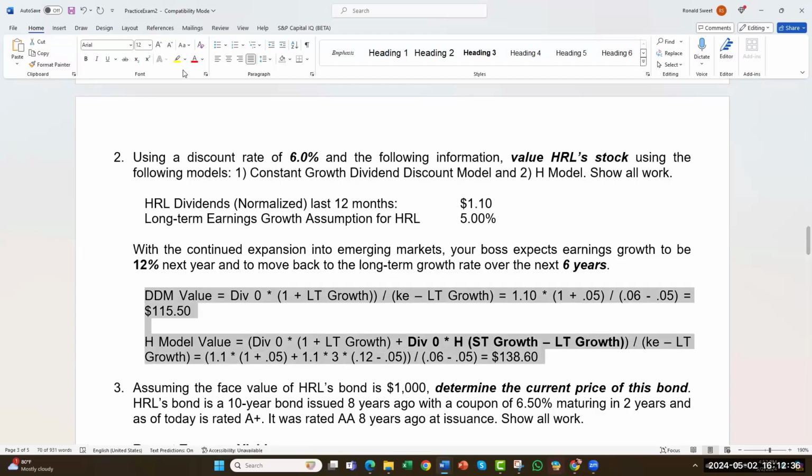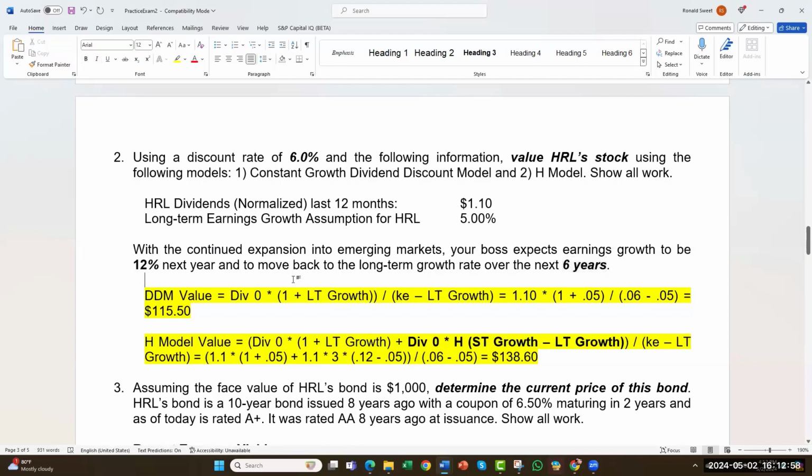Professor, can you show again where you got the H from? So the H is, how long does it take? It's half of how long it takes them to get from 12% growth to 5%. 12 is your short-term growth, and they start off at 12, and over the next 6 years, they're going to drop down to 5%.